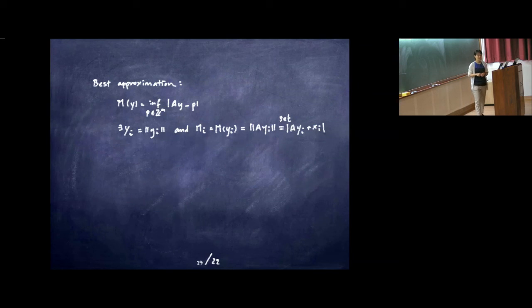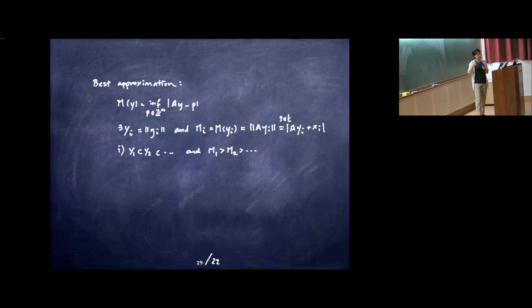Let me say that this infimum, the distance to the set of integral vectors, was attained by xi. So xi is the integral vector that attains the minimum distance to Ayi.